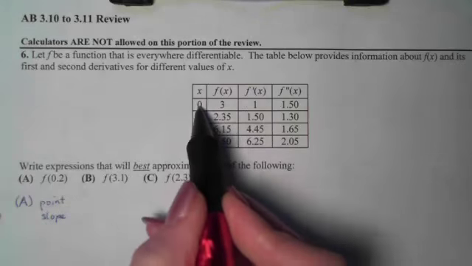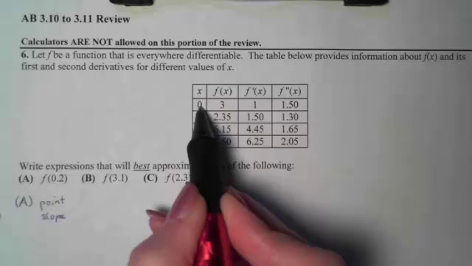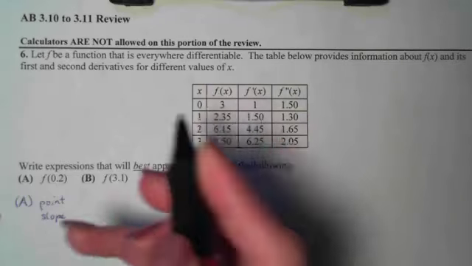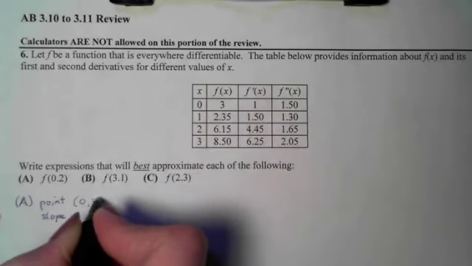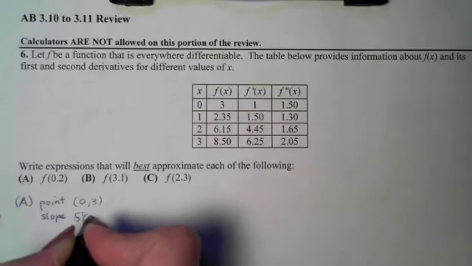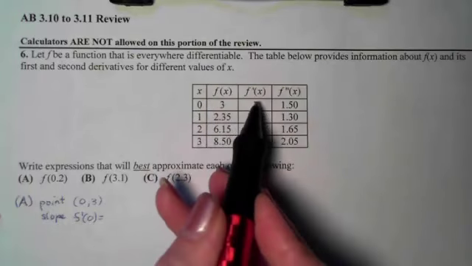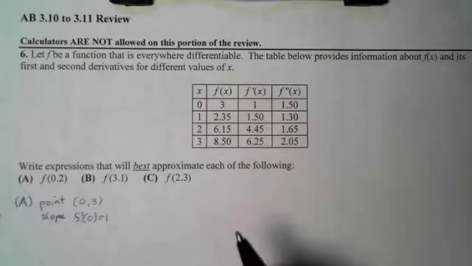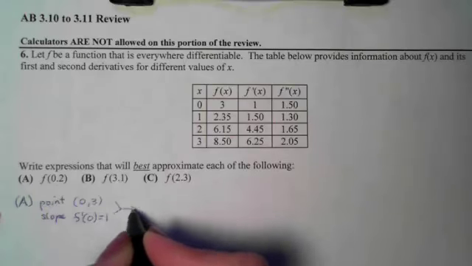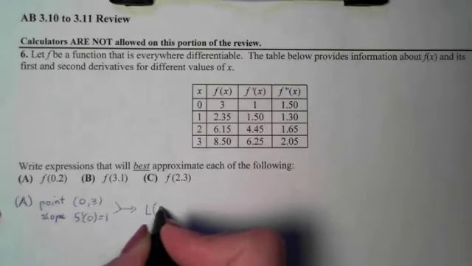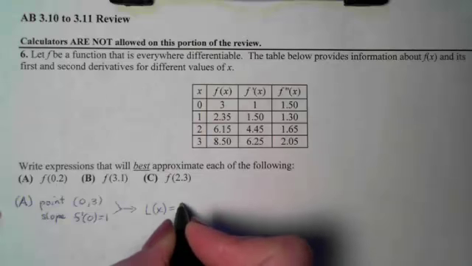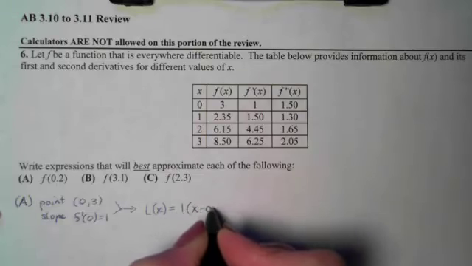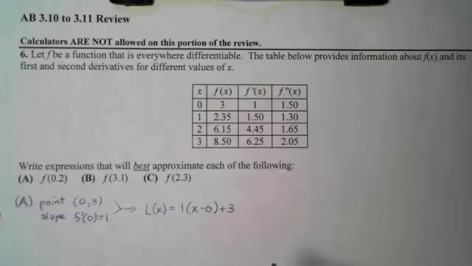So the point is going to be the x-coordinate of 0 with its output on the function, which is 3, and the slope will be f prime of 0, which again I can get out of the chart as a 1. Once I have the point and the slope, I can put them together in the linearization and get the slope times x minus the x-coordinate plus the y-coordinate.